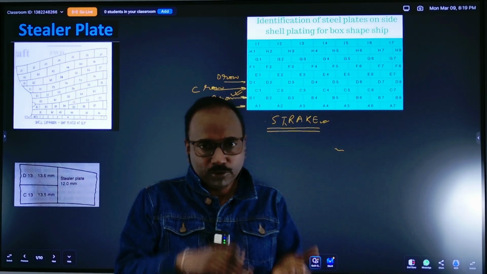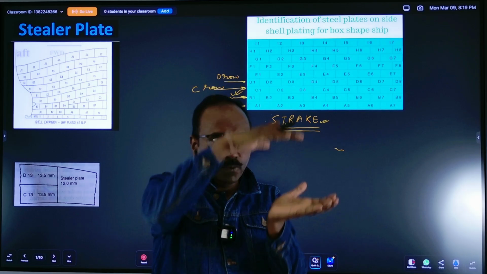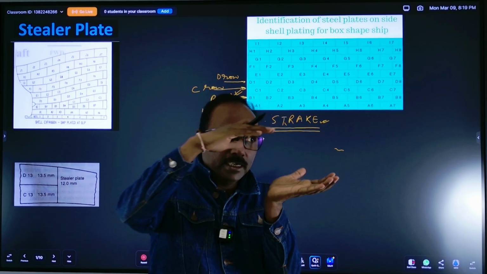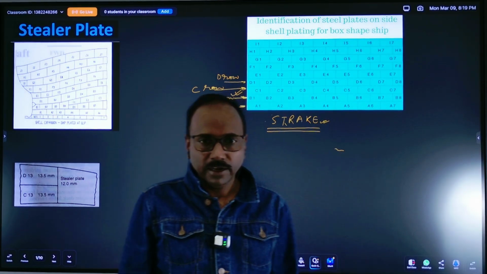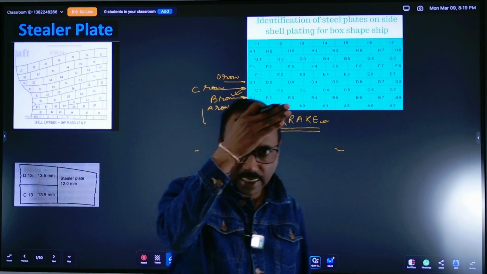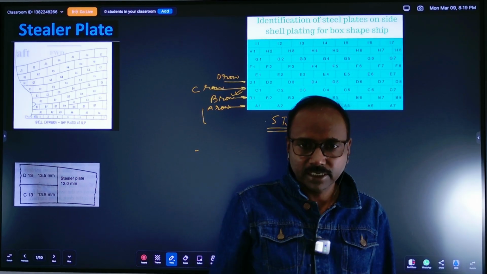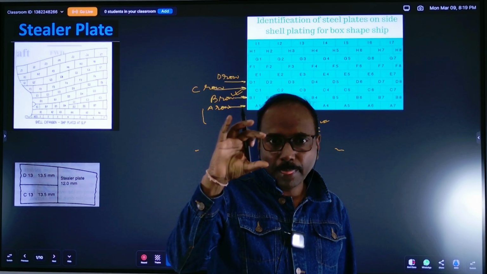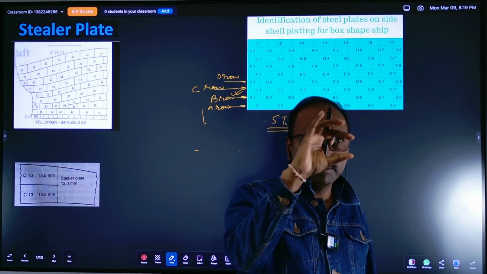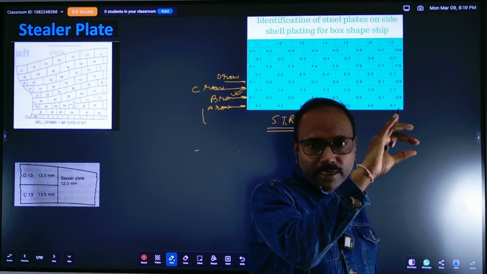If you have two rows like A and B on top, running towards the aft section, the cross section area is changing, so your strake width will not be uniform, it will be tapered.